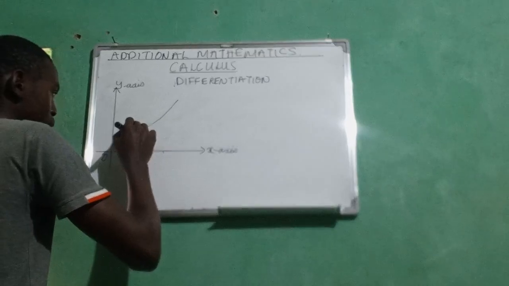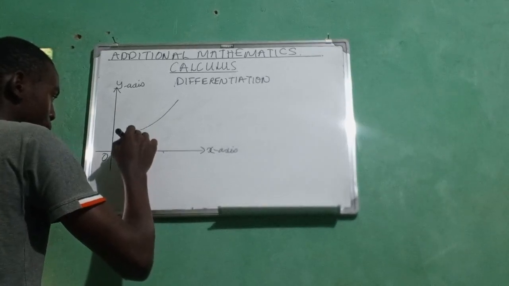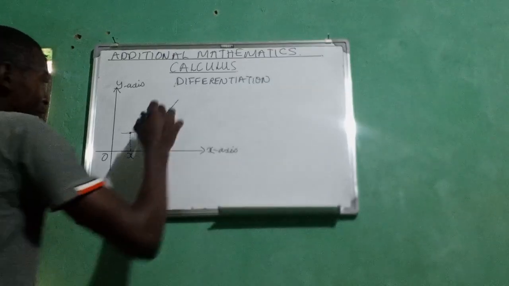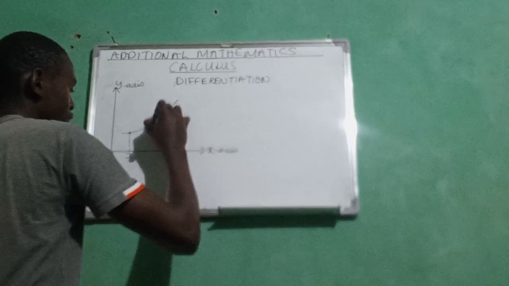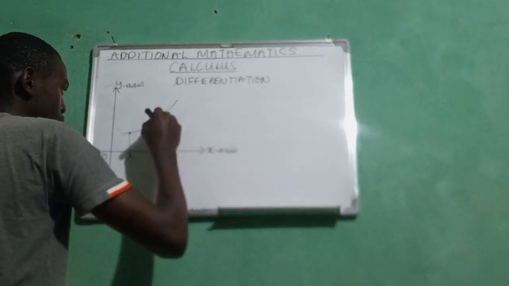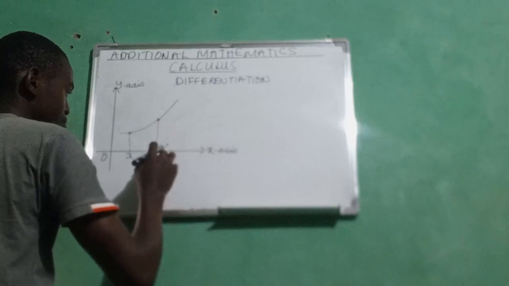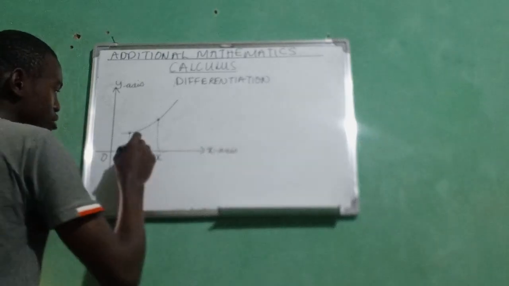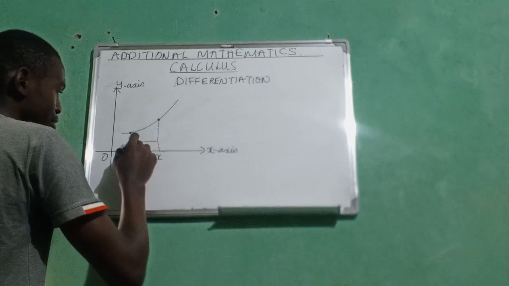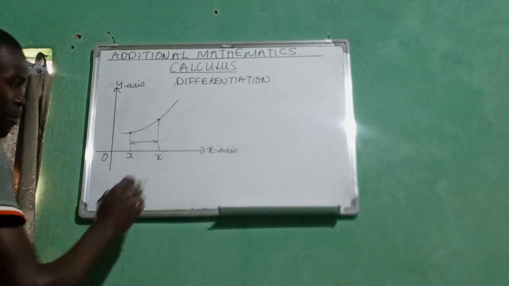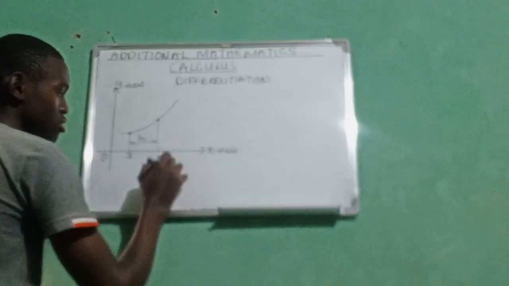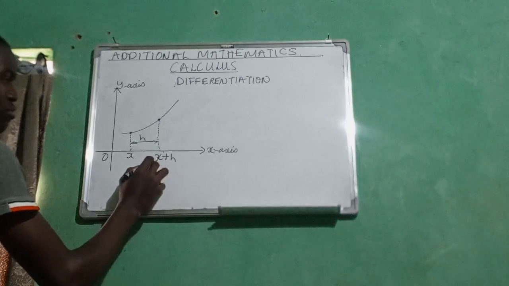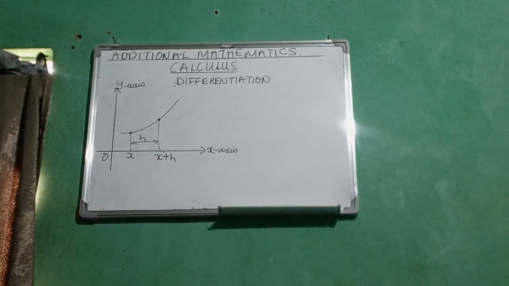So you have a point here, we just call it x, and another point here, x also, but let's note that the distance between these two points is h. So this next point will be x plus h.